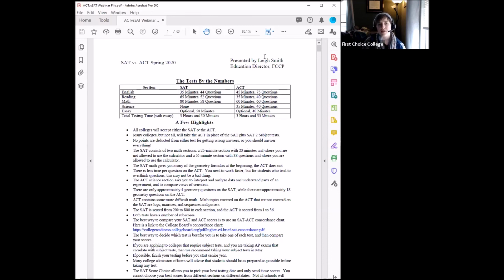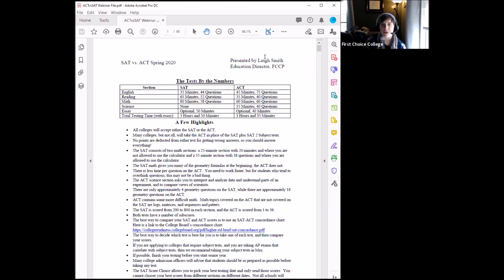Then there is the second math section, which is the calculator section for the SAT. On the calculator section, you have the remaining 38 questions, and you have 55 minutes to do it. So for the math section, that's your wrapping up piece.